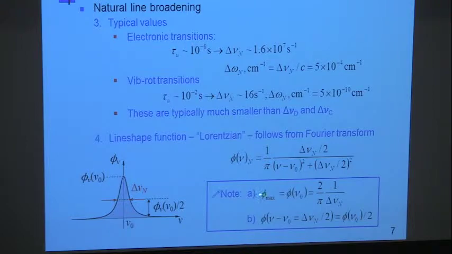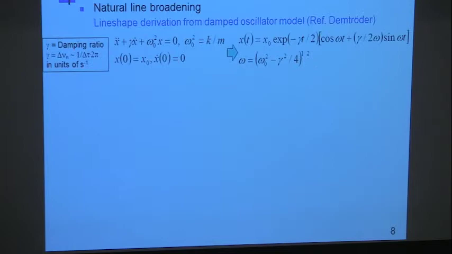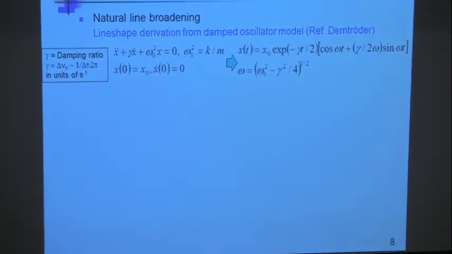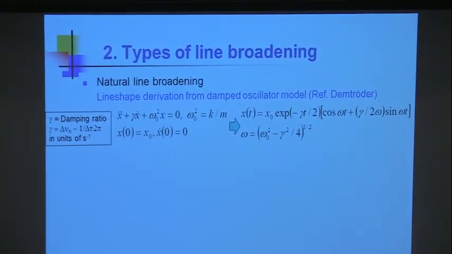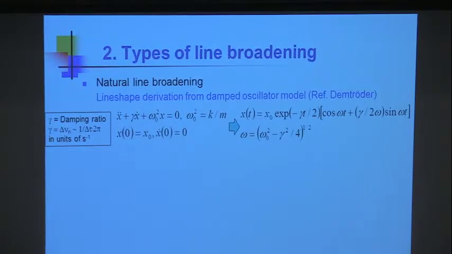So the maximum value is given by this simple relationship, 1 over the full width at half maximum. And the value where you're at half the peak, so you go down halfway, that width is delta nu n.